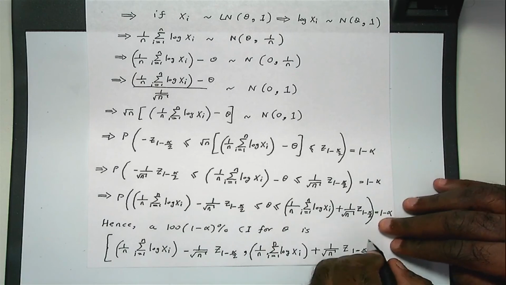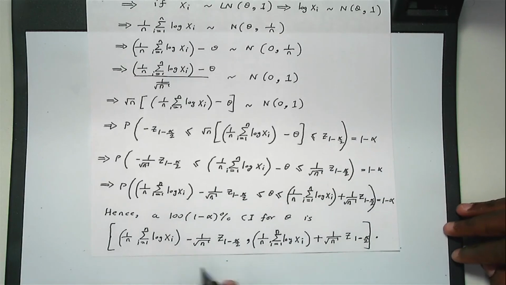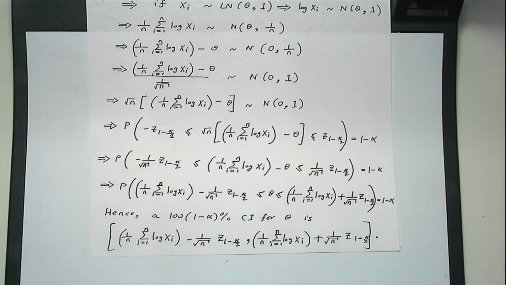Okay. Alright, so this is the 100 times 1 minus alpha % confidence interval for theta.